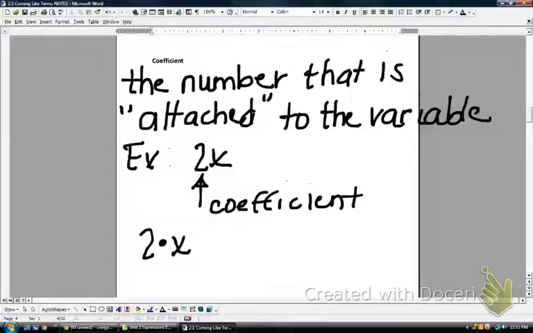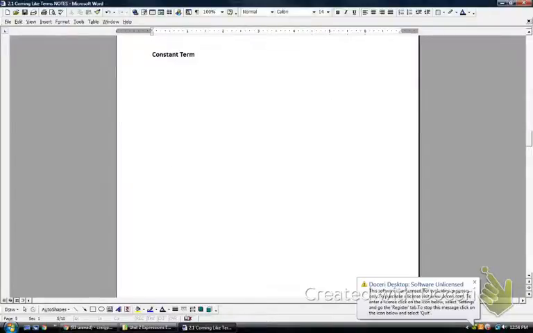But I've told you mathematicians by nature are lazy, and so when we have shortcuts, we take them. So 2 times x is 2x, and that means to multiply, and that is understood in the mathematic world. Our last vocabulary word is constant term. We usually don't say constant term, we just say constant.